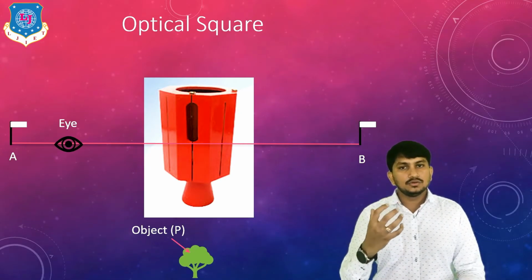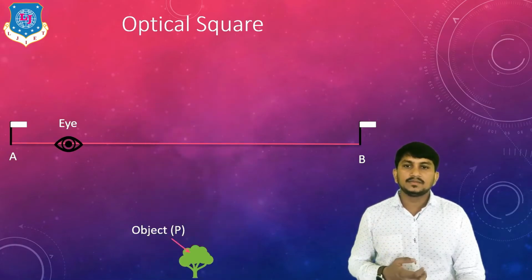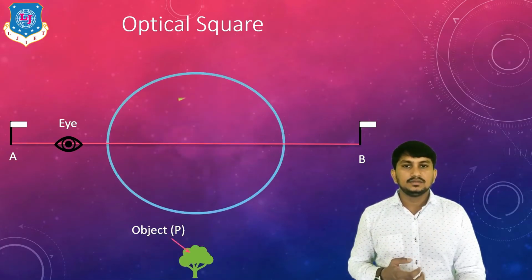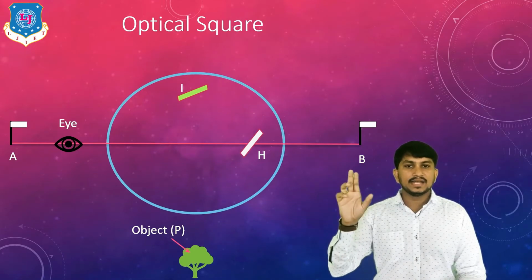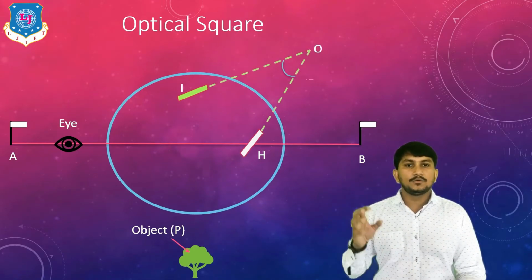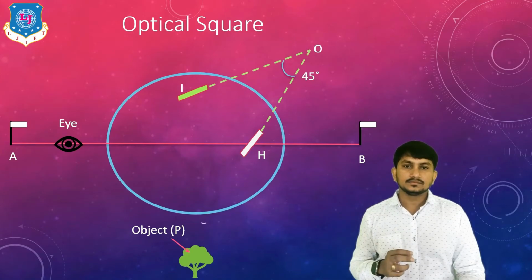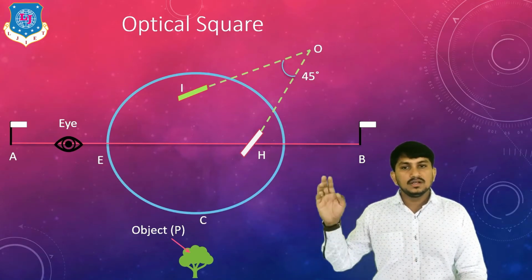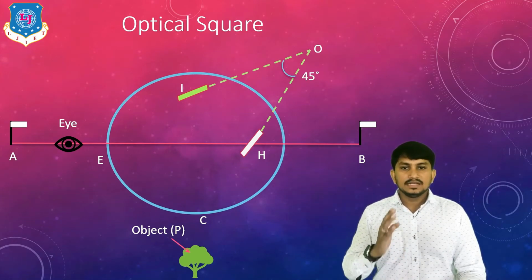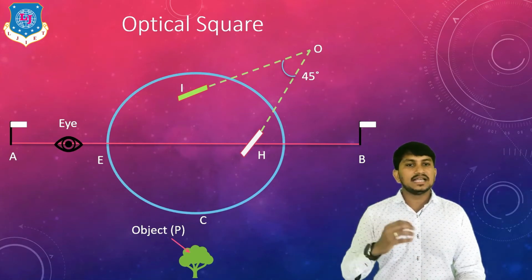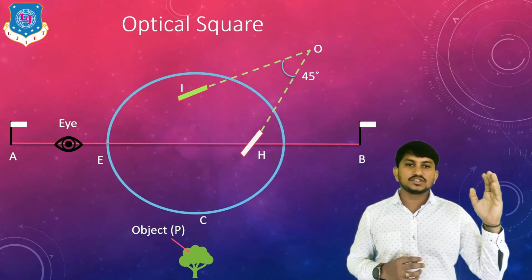If we show the structure of this optical square, it is like this. One square has two mirrors, I and H, at an angle of 45 degrees. There are two side vents, C and E, from which we can see the mirrors as well as the object at P.